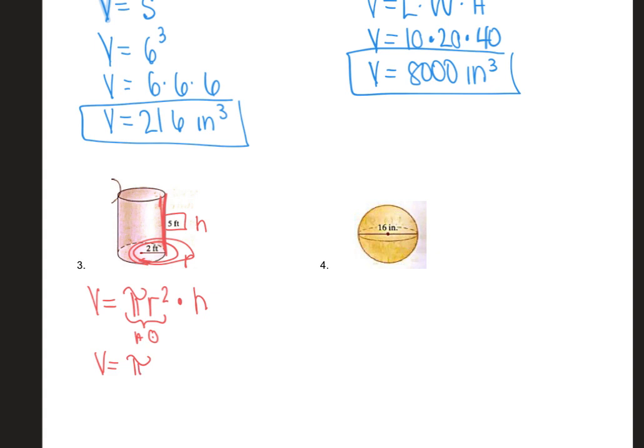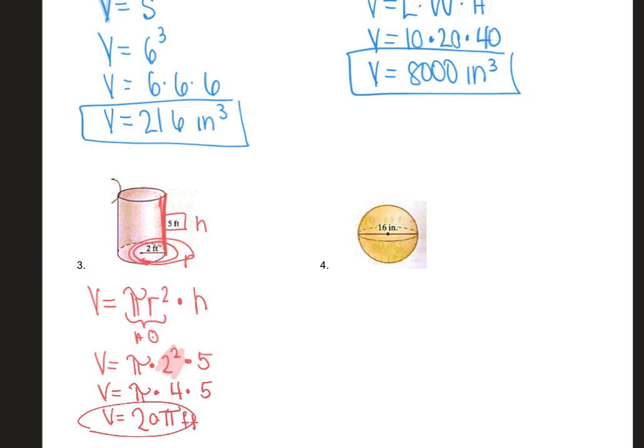Volume equals pi times 2 squared times 5. We have to do that exponent first. So 2 times 2 is 4. So we get volume equals pi times 4 times 5. 4 times 5 is 20. So for this one, I have 20 pi. I can leave it just like that.